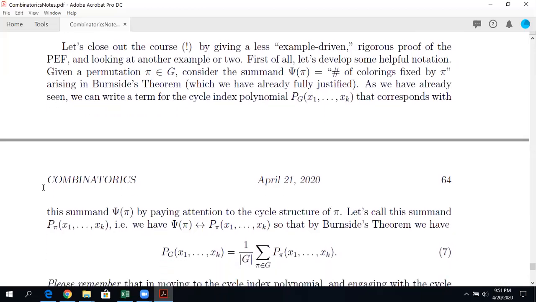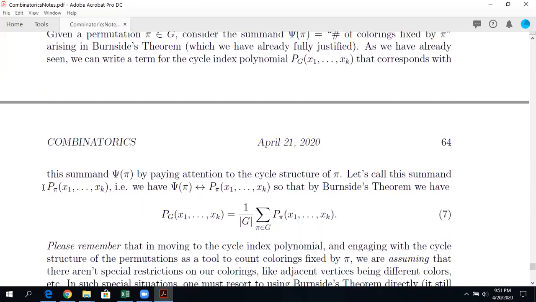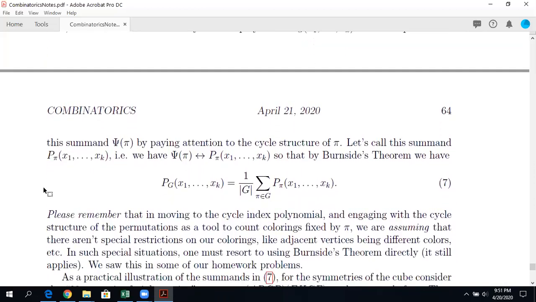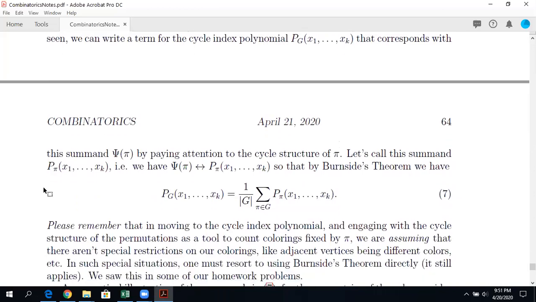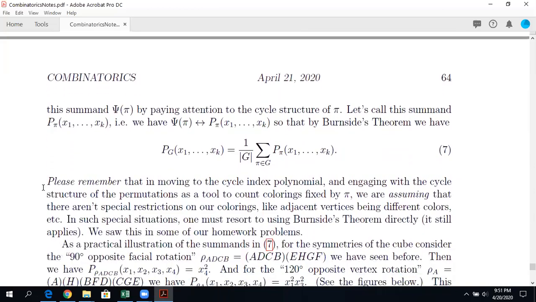Okay, so we can write a term for the cycle index polynomial that corresponds with a summand psi of pi. Remember, psi of pi is defined to be the number of colorings fixed by pi. That is going to correspond to a term in the cycle index polynomial, and you get it by looking at the cycle structure of the permutation pi.